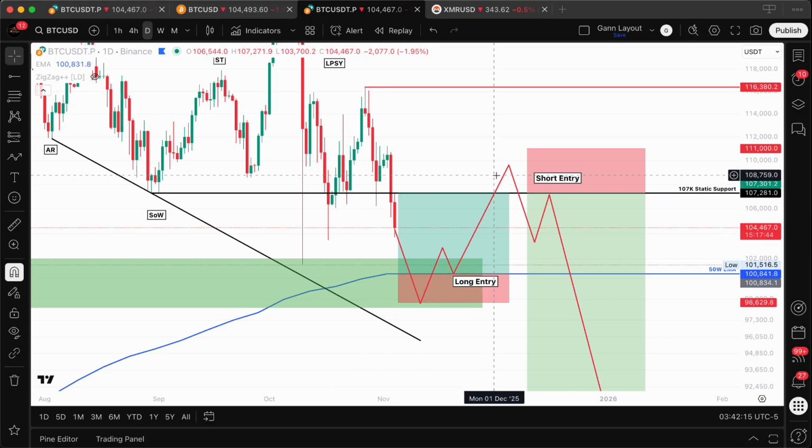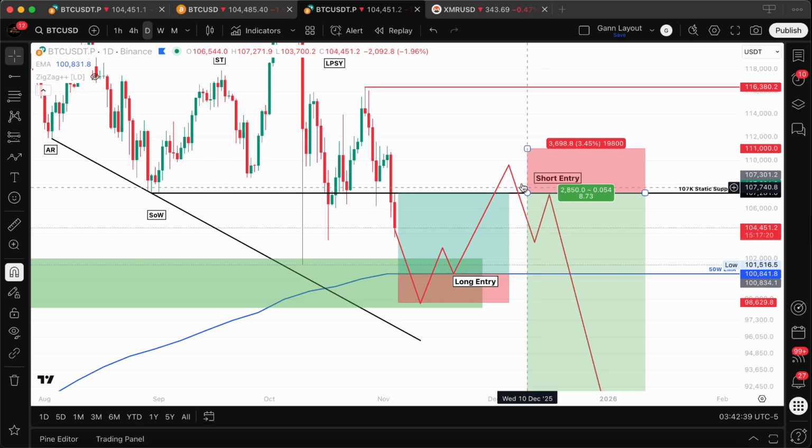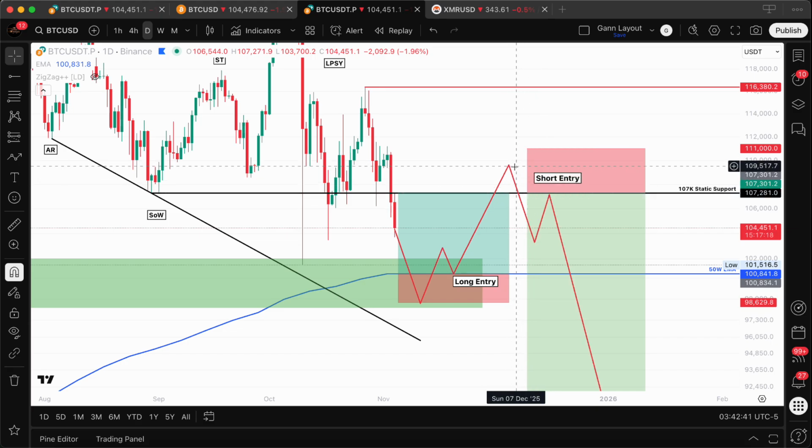Now the second entry is the short entry, which will be the same. Basically, if Bitcoin gets slightly below 108K, let's say 110 or 111, loses the distribution range again and retests it as resistance, this is when I will enter short with my stop loss below the previous lower high.